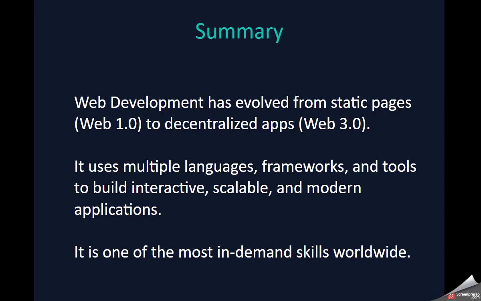It is one of the most in-demand skills worldwide. It can't be overemphasized. So this is a quick overview of what software development is and web development. All right. In our next video, we're going to dive deeper. I'm trying to give you a quick overview.